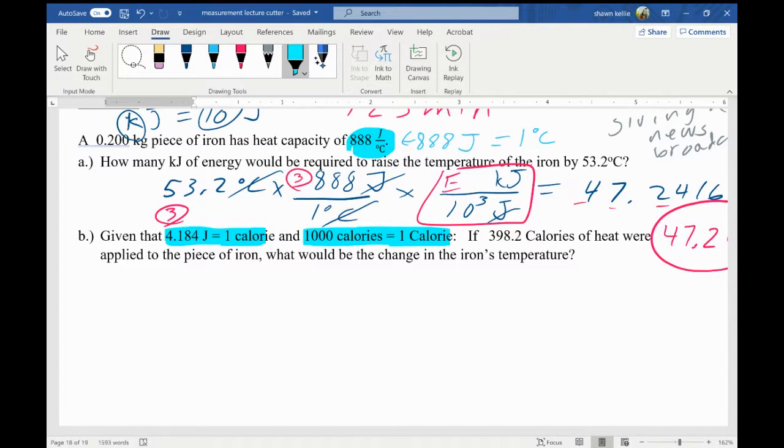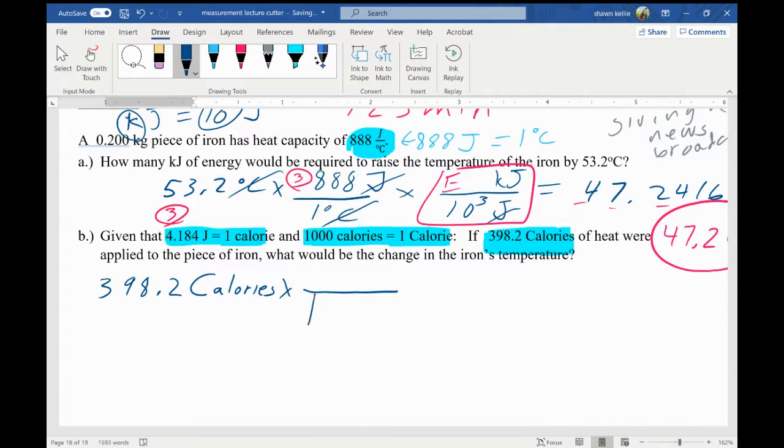Let's see. Those two, the numbers that I highlighted, they're obviously unit conversions. So that leaves us one number to focus on to start our problem with. So we're going to start our problem with 398.2 capital C calories. We don't want capital C calories, so we're going to have to place them where they cancel out. 1 capital C calorie is equivalent to 1,000 lowercase calories.